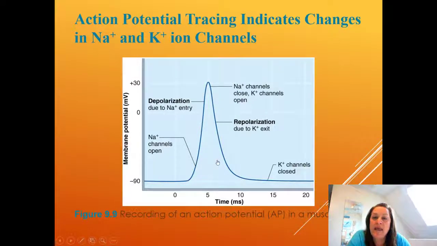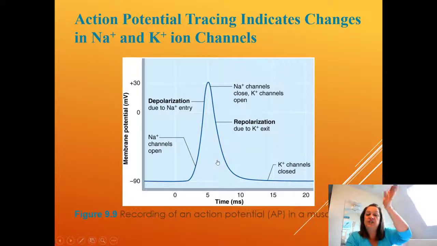This is what an action potential tracing looks like. Sodium channels open up, and we have a lot of positivity. Notice on the right-hand side, it goes from -90 all the way up to +30, because inside the cell is negative. We open those gates, all of those positive ions flood in, and the inside of the cell starts to become very positive.